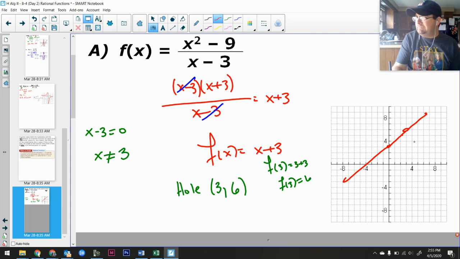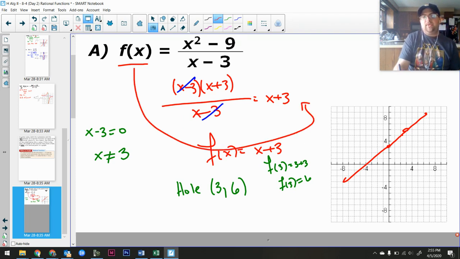That hole should be a little more centered on that line, but that's okay. That basically means that at 3 comma 6, this function is not defined. This f of x acts like x plus 3, but with one exception, the hole in the graph at 3 comma 6.